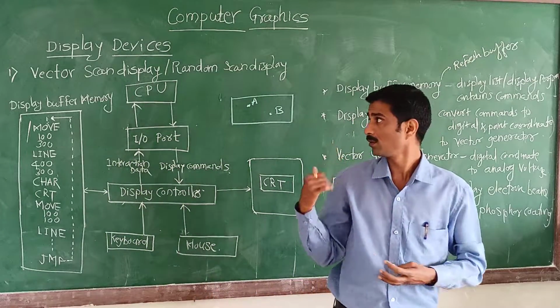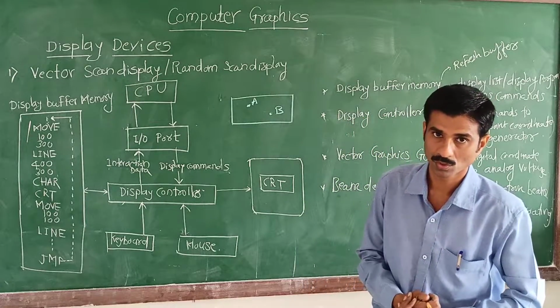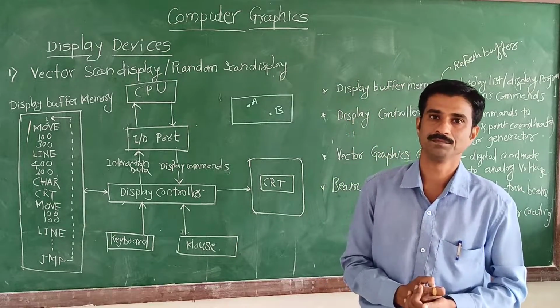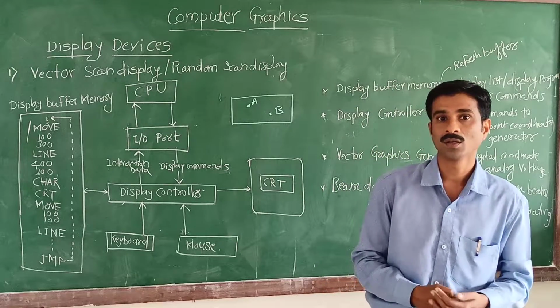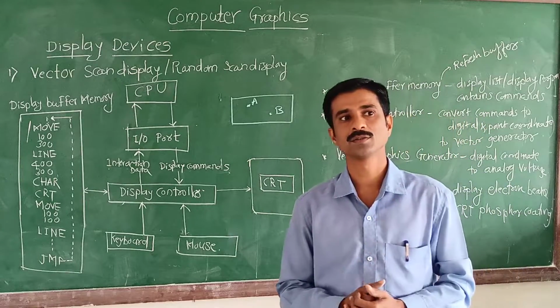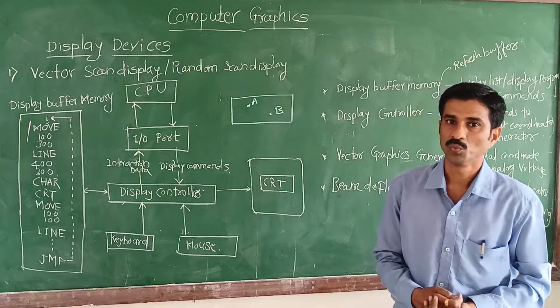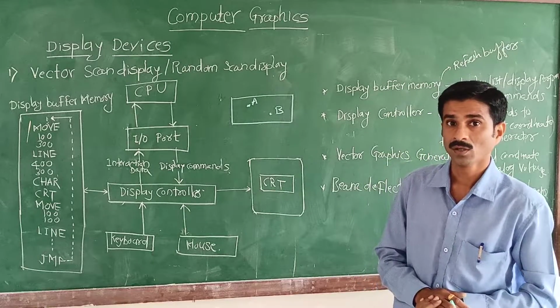Basically, this vector scan display is used to draw a point, line or character. If you want to draw a point, line, or character, then we use this vector scan display.